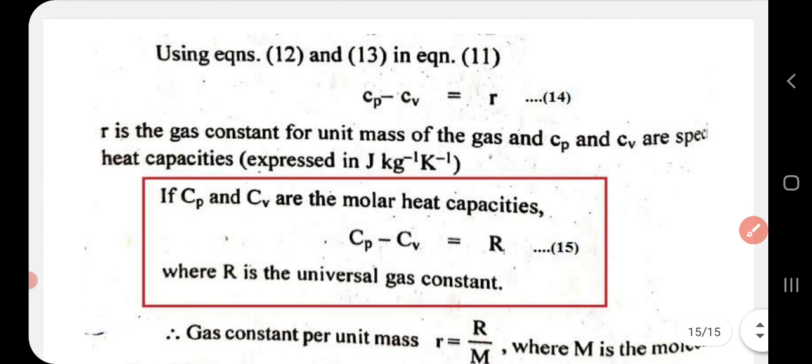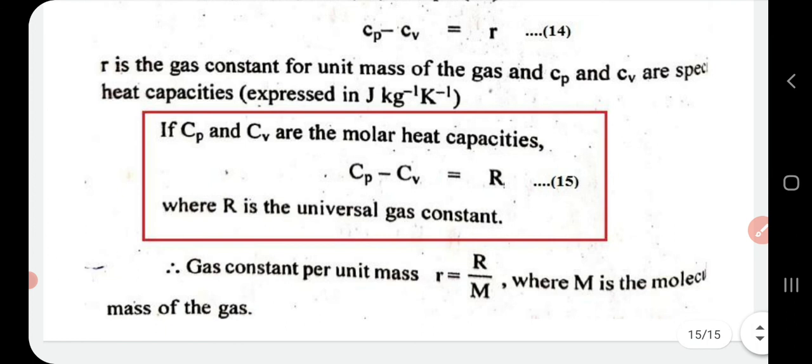That is equation 40. R is a gas constant for unit mass of gas. Cp and Cv are specific heat capacities. Now if Cp and Cv are molar heat capacities, then you will denote Cp minus Cv is equal to capital R, where R is the universal gas constant. That is equation 15. Now gas constant per unit mass, small letter r is equal to R by M, where M is the molar mass of gas.